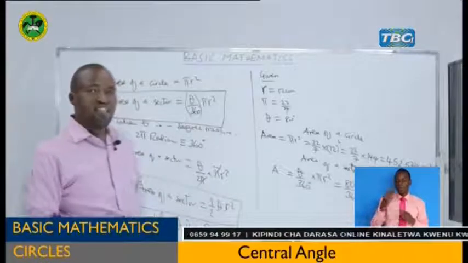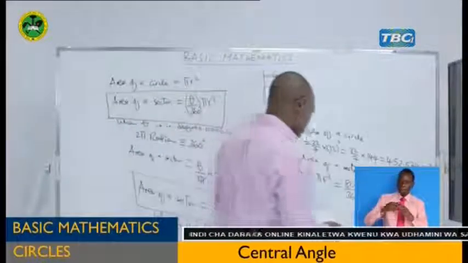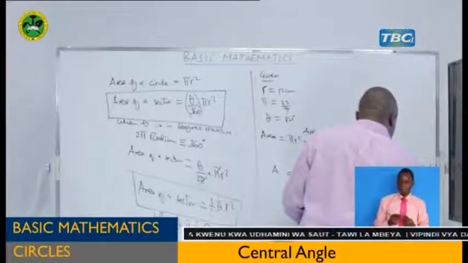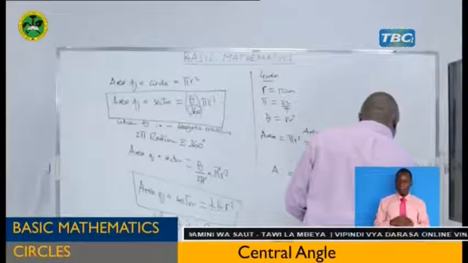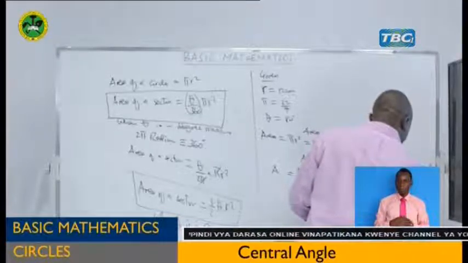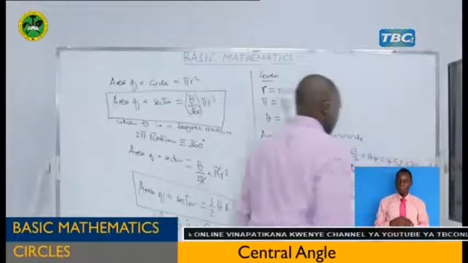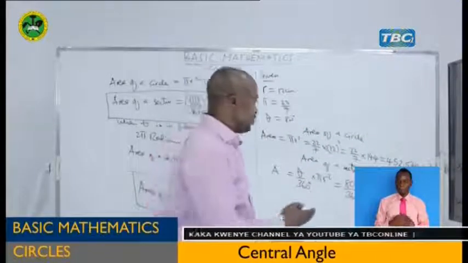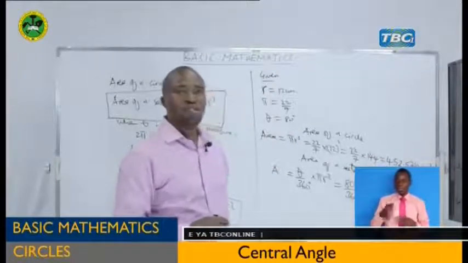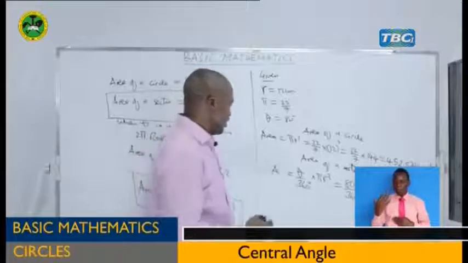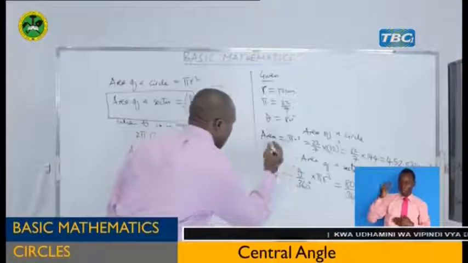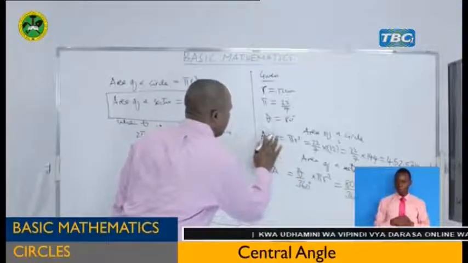Now in this case, the area of a sector is 100.5714 squared centimeters.